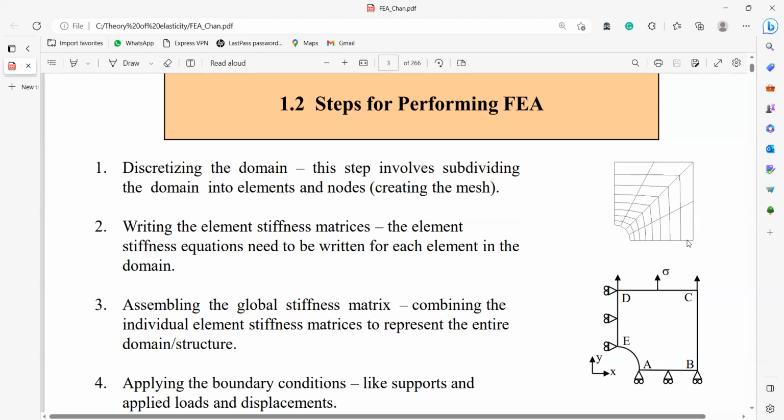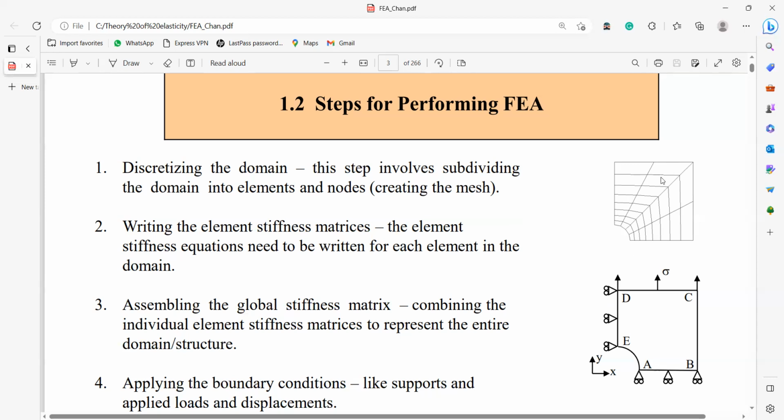Let's see. And now writing the element stiffness matrices. So does it mean that each of these elements, so how many elements do you have here? One, two. So this number into 4. So how much is it? Yes. So let's take just one element.